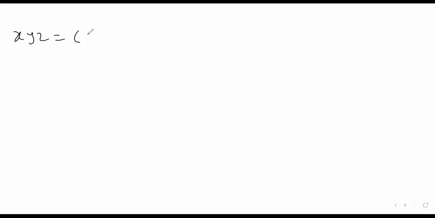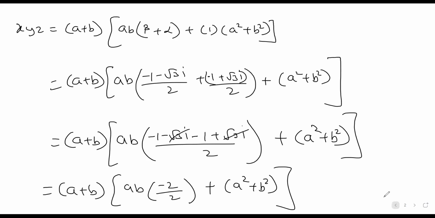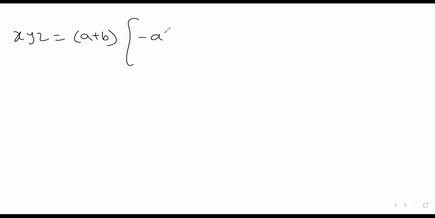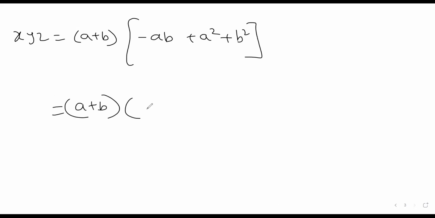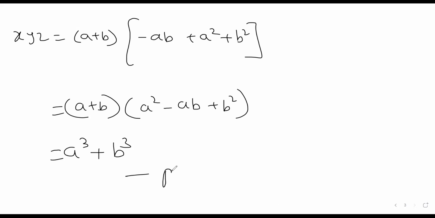So xyz is a plus b times (minus ab plus a square plus b square). It is a plus b times (a square minus ab plus b square), which is a cube plus b cube. Proved, because this is the formula of a cube plus b cube.